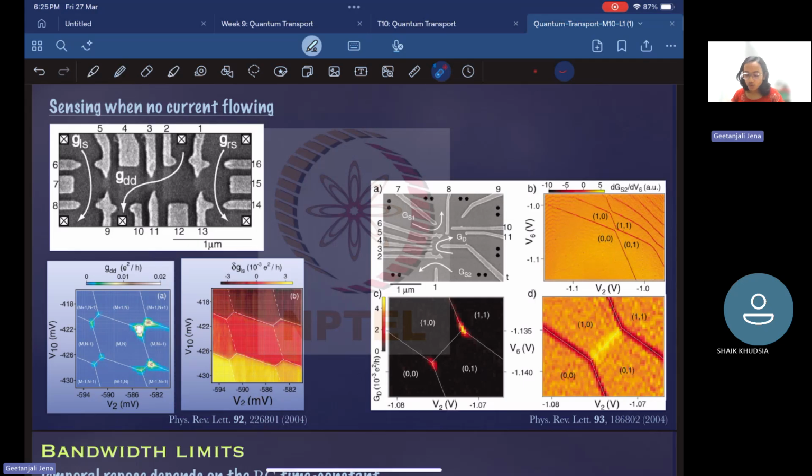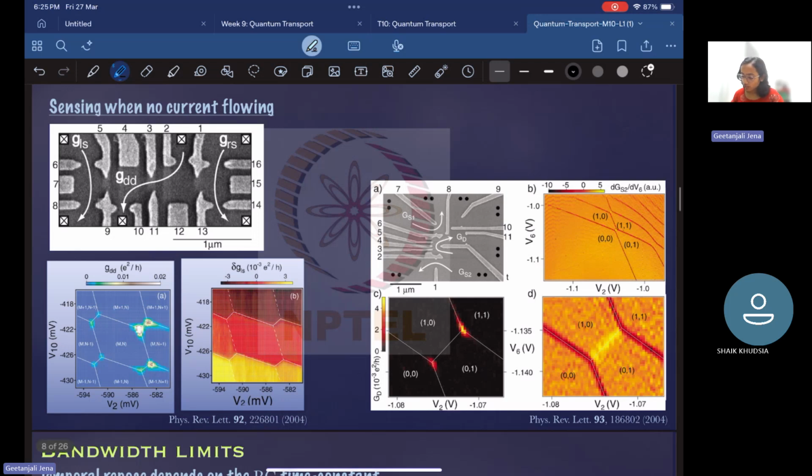So no information is lost if you sense the charging and discharging events through this quantum point contact. And the main advantage is that in addition to the information that we had earlier, we see more information about the tunneling events.